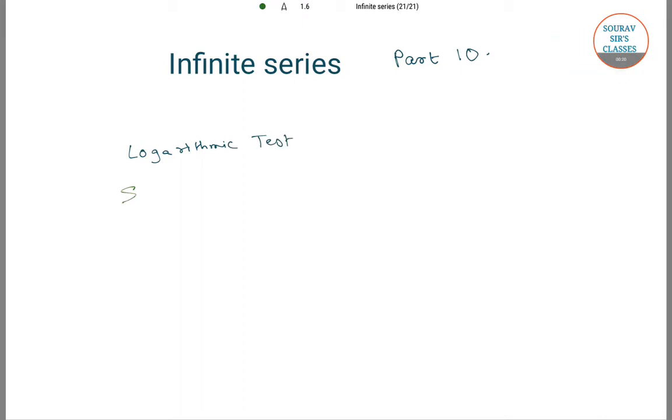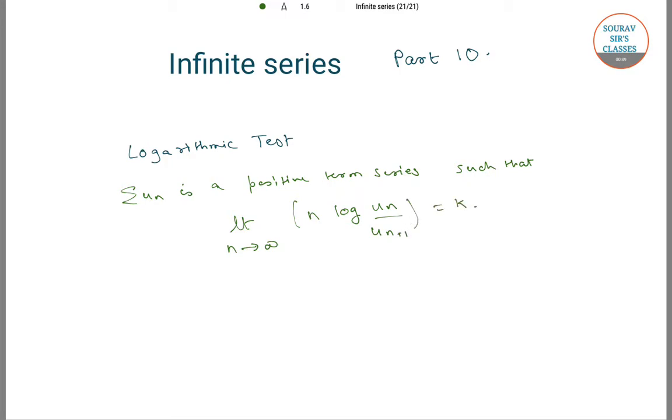It states that if summation un is a positive term series, such that limit n tends to infinity, n log un divided by un plus 1 is equal to k, then if k is greater than 1, the series is convergent.